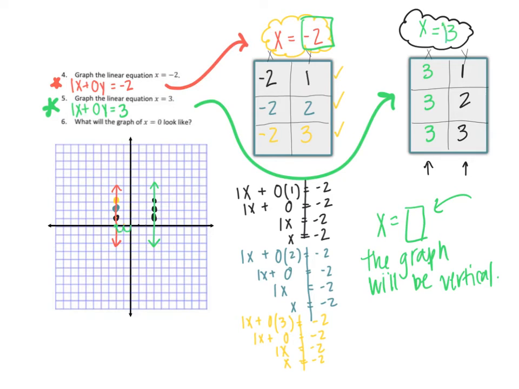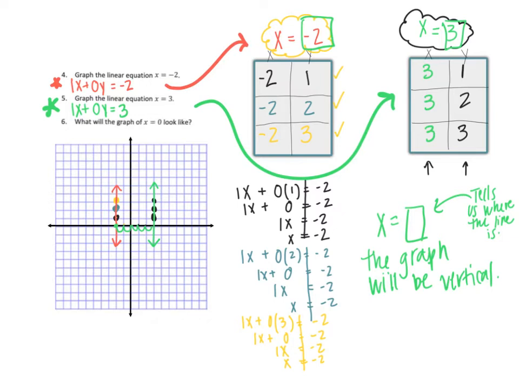Here it equaled 3, and it was 3 spaces forward, and that's where our line was, okay? So this value tells us where our line is. So that's what I wanted you to get from this page.